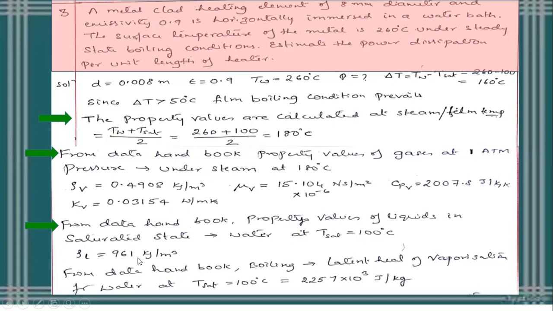Please make sure for the steam you take the average value, but for the water you take the values at 100 degrees centigrade only, since water boils at 100 degrees centigrade.